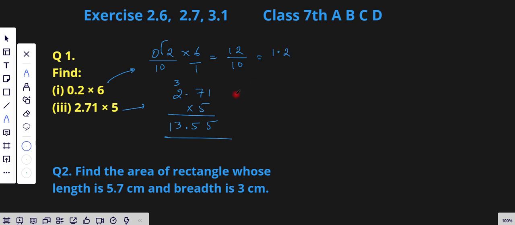Or the next method is 2.71 when multiplied by 5. You just need to remove this decimal and put two zeros in the denominator, that is 100.